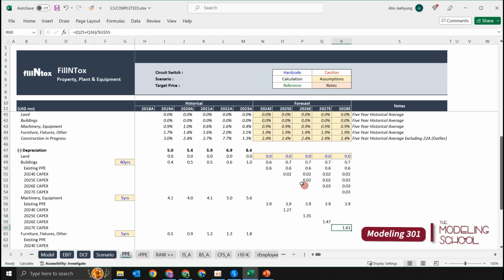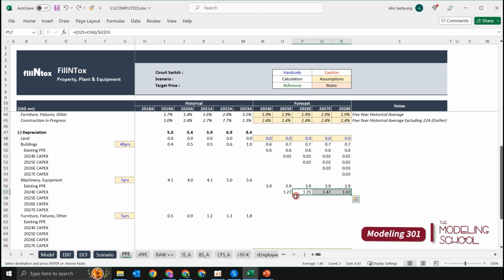So I just simply pressed Control X. We just cut the formula, paste below, cut the formula, paste below. Again, the same process, and we can simply make our formulas follow the numbers from the past year.